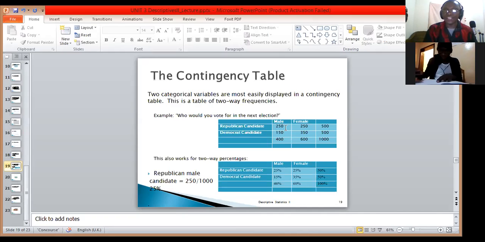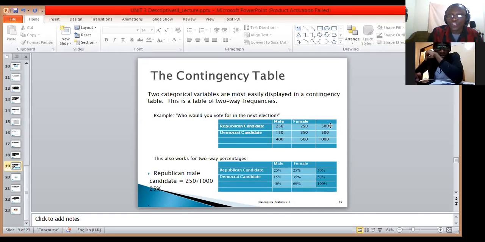So what is the probability of finding a male candidate who is a Republican? You first find what is the total number of males in the population. You are given 250. What is the total number of females in the population? 250. So the total sample was 500. Then you are asking yourself, here you are dealing with how many Republican candidates. There were 250, Democratic candidates 150.